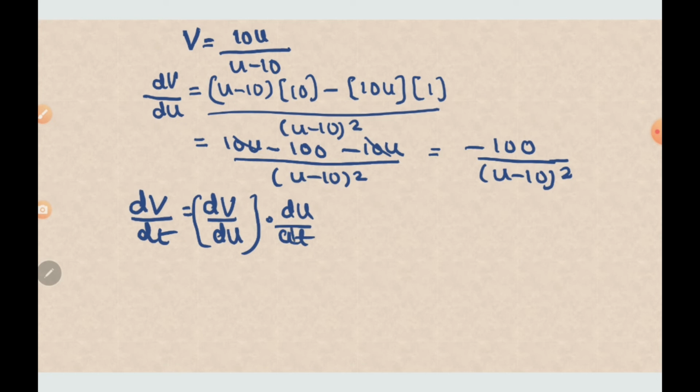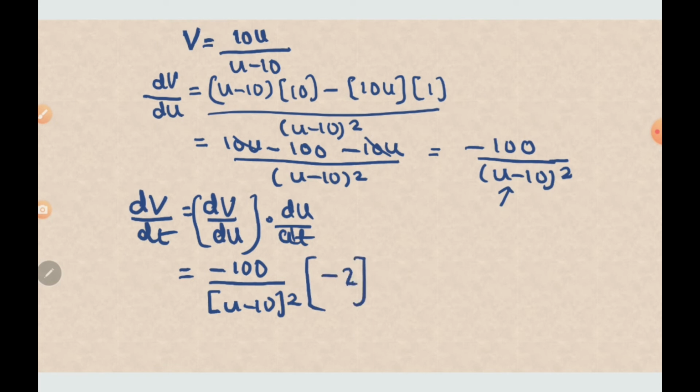So dv dt can be written as dv du. We will substitute this value, negative 100 over u minus 10 squared. And what is du dt? Du dt is given as negative 2.